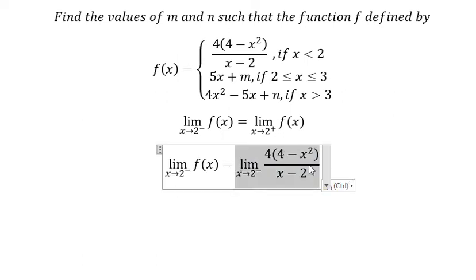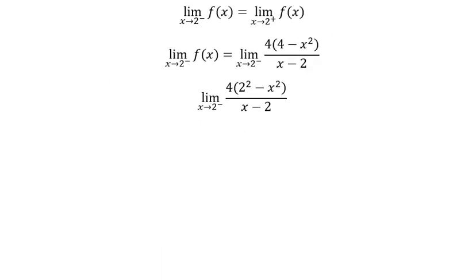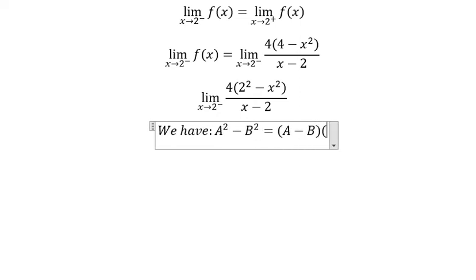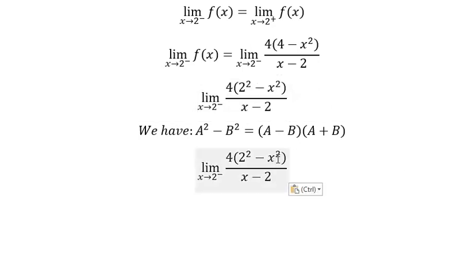Now, we know that number 4 is 2 squared. And we have the formula here: a squared minus b squared equals a minus b multiplied by a plus b. So we need to transform this one into this one.